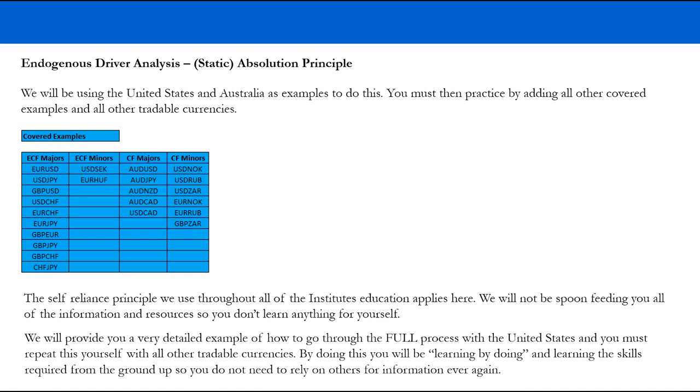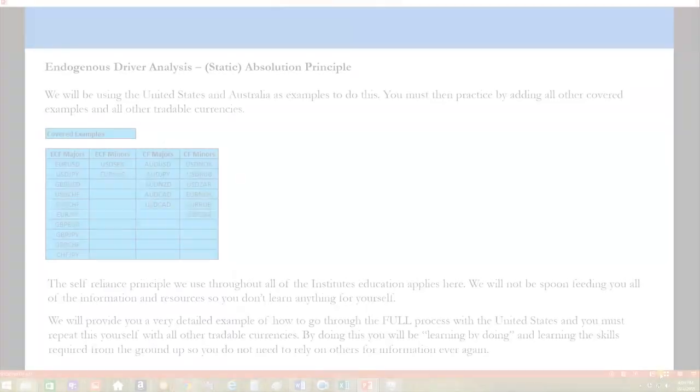What you'll actually be doing by doing this is learning by doing. So learning with immersion and learning the skills required from the ground up, so you don't need to rely on others for the information ever again.